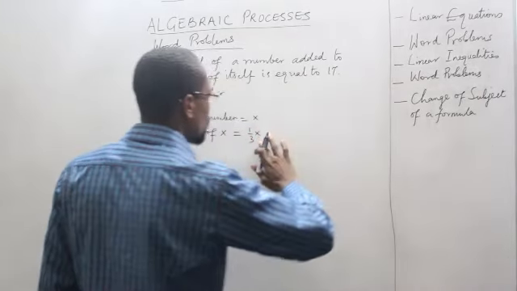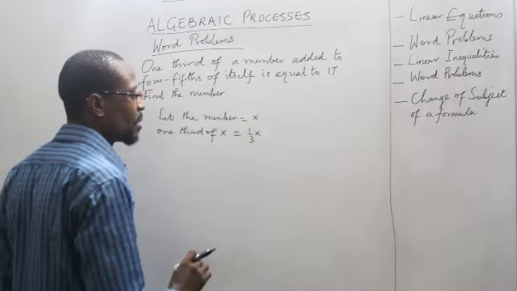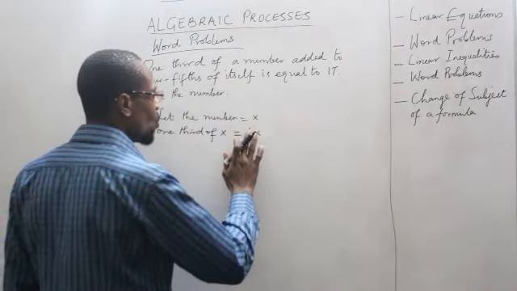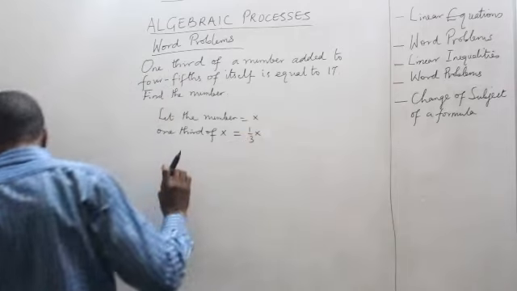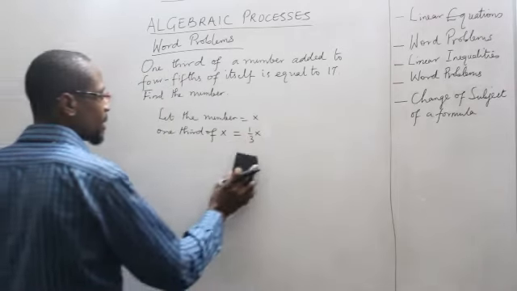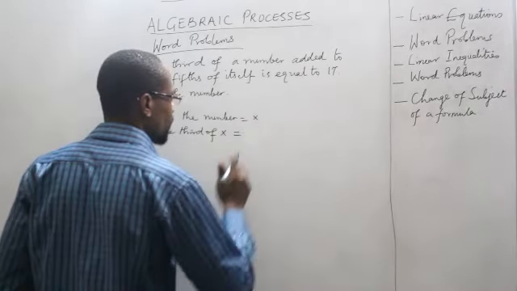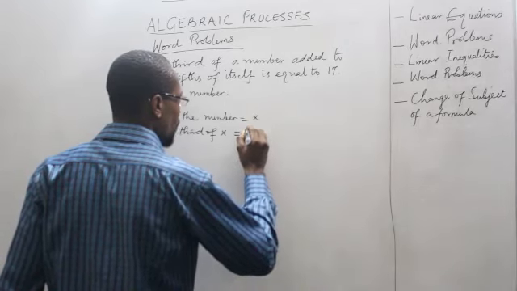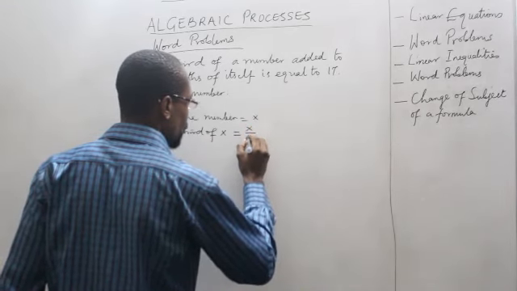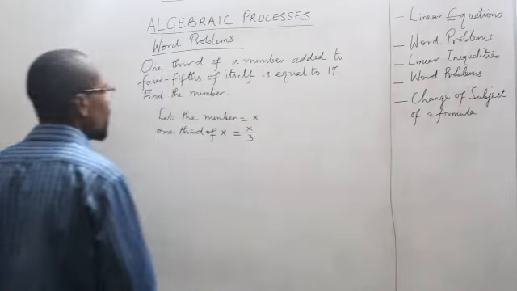In order not to make it ambiguous, we can simply say 1/3 of x is the same as x over 3, because when you multiply 1/3 by x, it will give you x over 3.